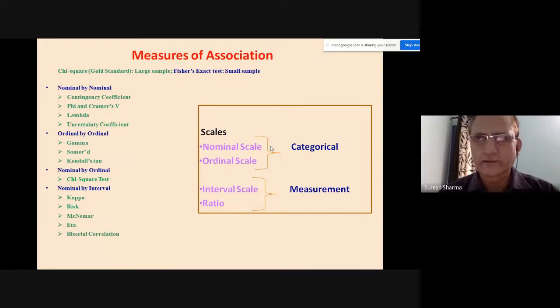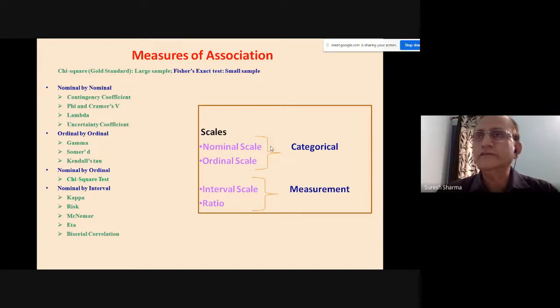Another variable is blood group, O positive, A positive, A negative, etc. That is also nominal, and you want to see the correlation between gender and blood group. You cannot apply Karl Pearson. You cannot apply Spearman's because the data is not in the form of ranks. You cannot apply multiple correlation because there are only two variables.